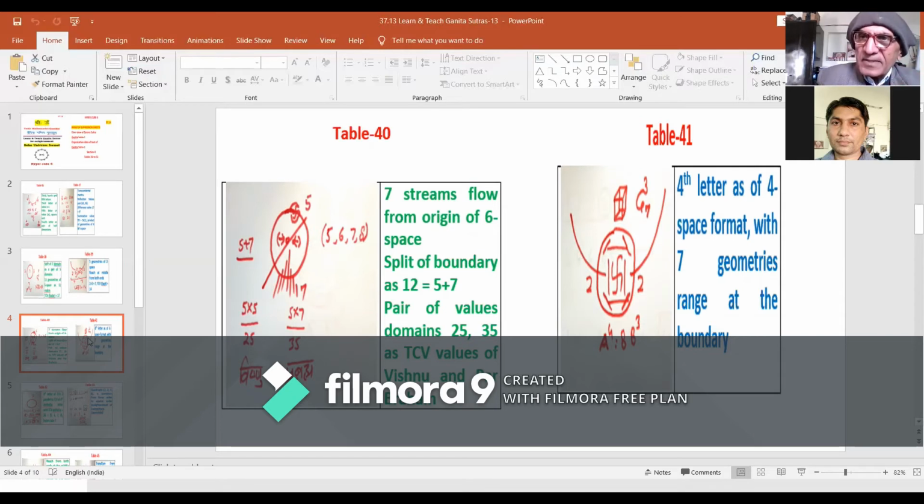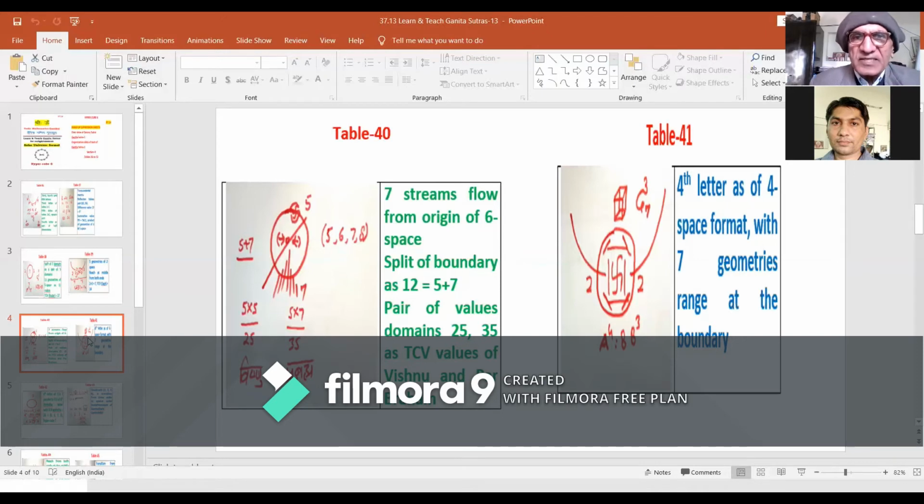The glimpse of the origin of a 6 space by transcending along values 6, 6, 4, 2 as Rishi Shear is taking us to value 7, which is the value of the fourth letter. This reach at the fourth letter would mean that the 5 space is going to be in the role of transcendental boundary, and strip off of 5 space will dimensionalize the outer space as 7 space, 5, 6, 7 and 8.